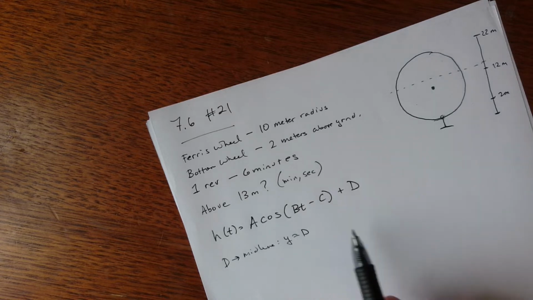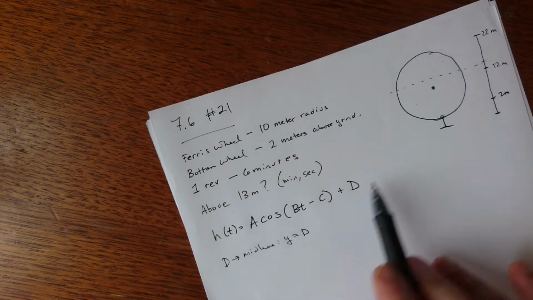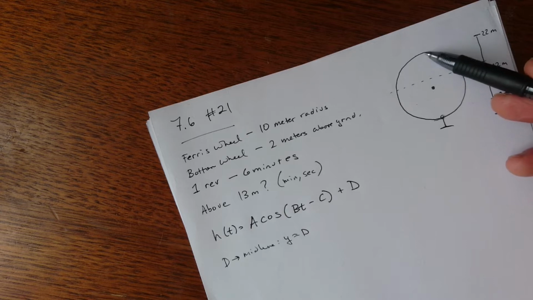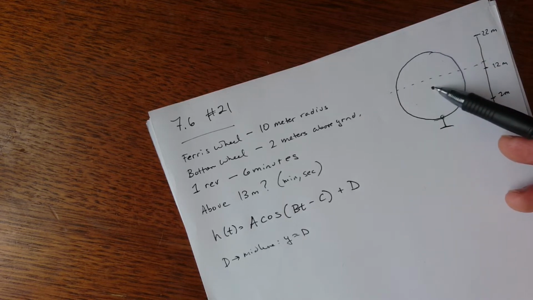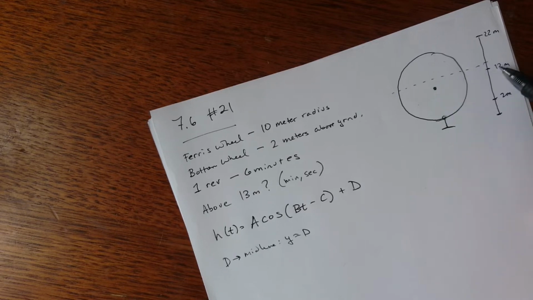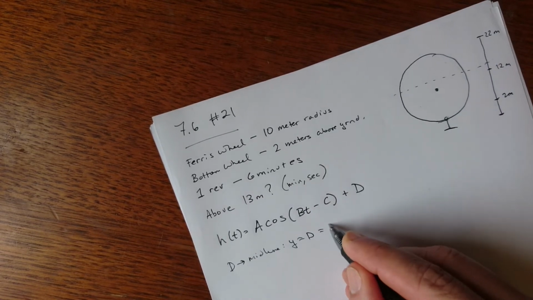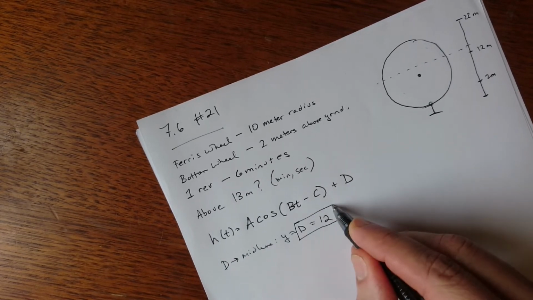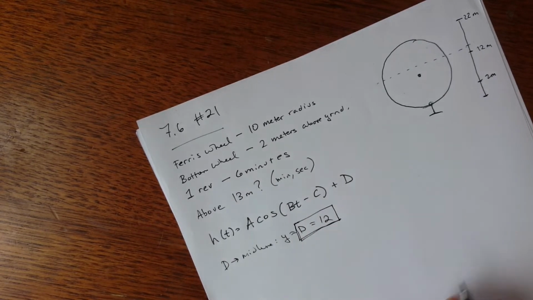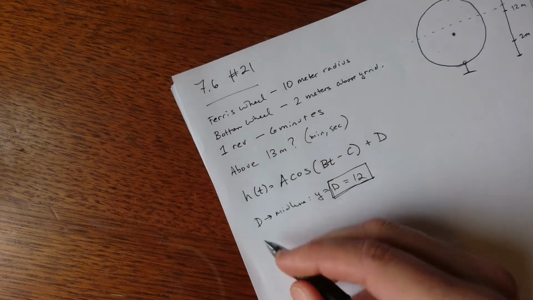We've discussed this a few sections back. This is clear from the picture. The highest height our person is going to hit is 22 meters. The lowest height is 2 meters. We already know exactly what's in the middle: the center of this circle at 12 meters. So d should be 12. I'm going to box that because I know I'm going to need it later.